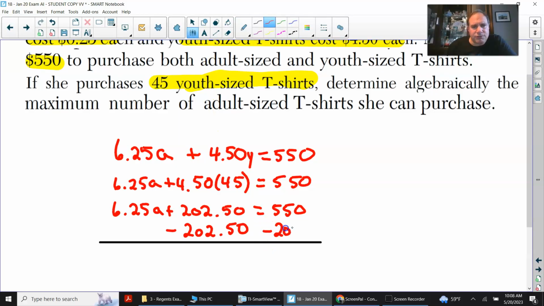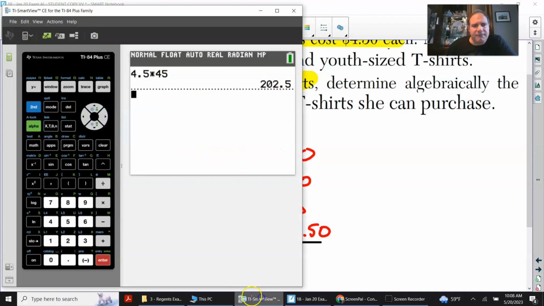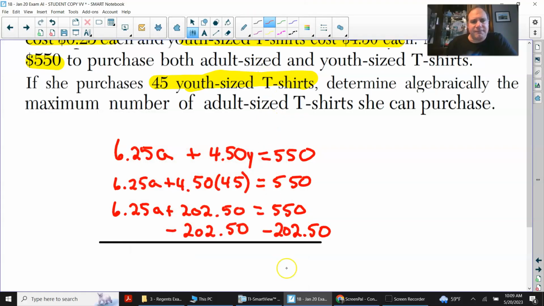Minus 202.50. And then we have 550 minus 202.50, and you get 347.50. With 6.25a equals 347.50, then you divide.